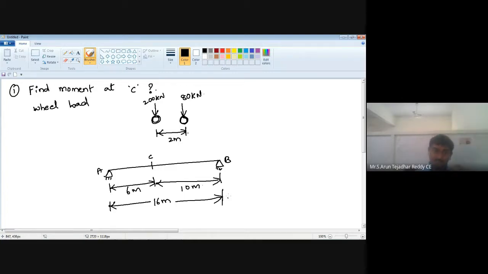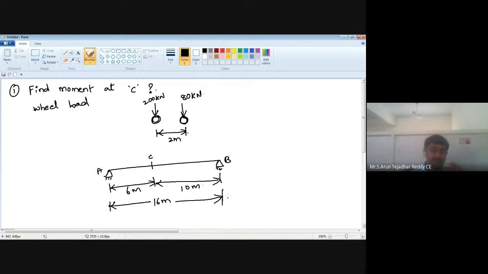Based on the given question, we can calculate moment at C. How to find out moment at C? See, here we have wheel loads, so we need to consider wheel loads also.